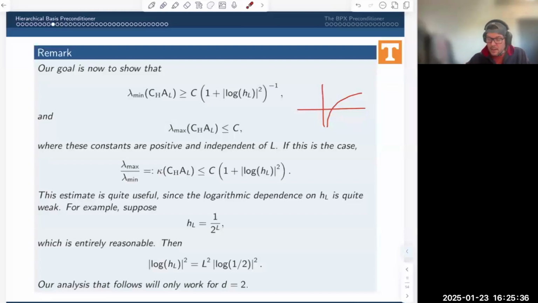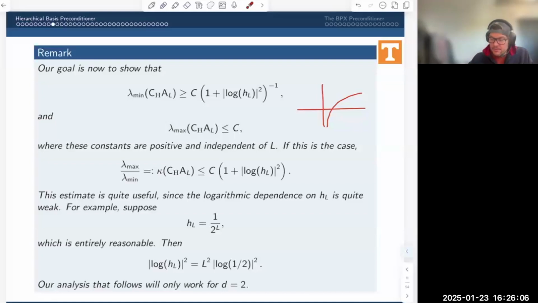It's not too bad because let's look at what HL is typically. So HL is something like 1 over 2 to the L. So every time I do a level, my mesh spacing gets smaller by a half. And this is a result of the fact that my meshes are nested, and the refinement process that I use is bisection, or quadrisection in 2D.